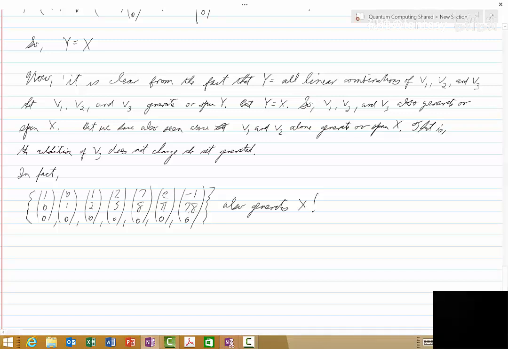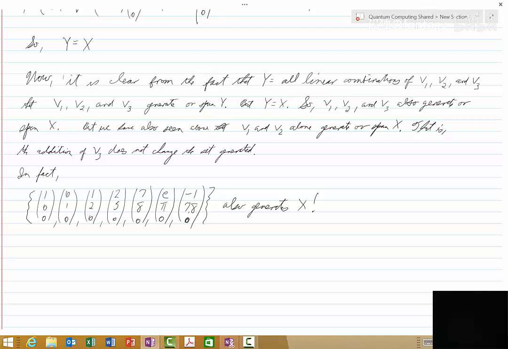And if you're wondering about that, now just look. See, 1 2 0, that's the same thing as V3, but that can be written in terms of V1 and V2. This could be written in terms of V1 and V2. This could be written in terms of V1 and V2. Likewise this. Likewise this. So the addition of any of these extra vectors doesn't really change the set generated.